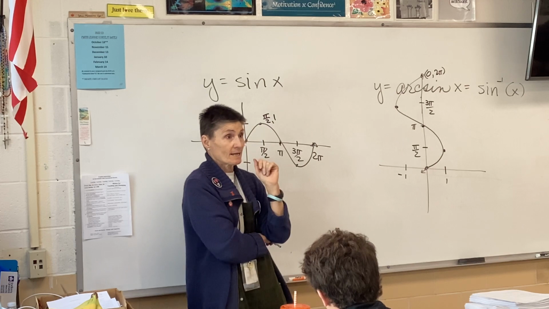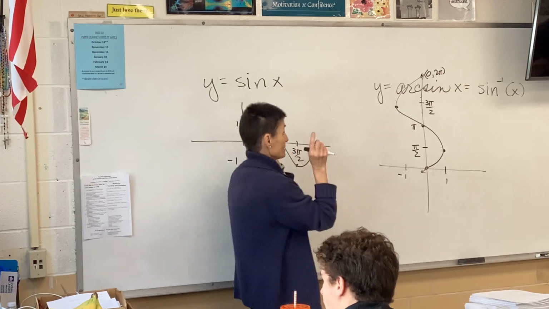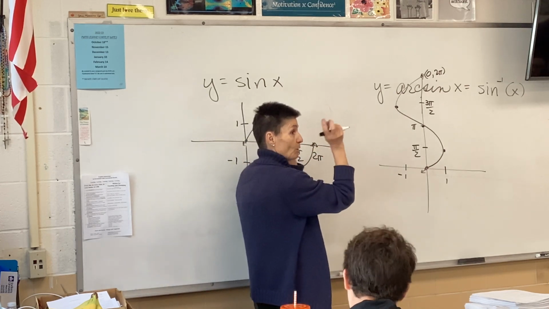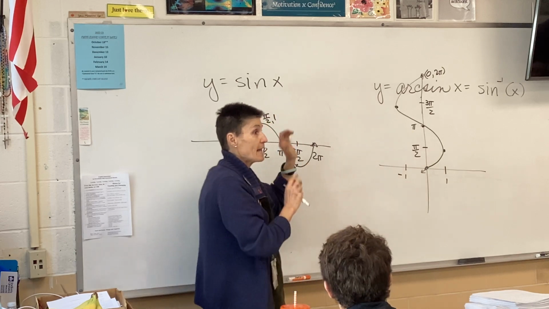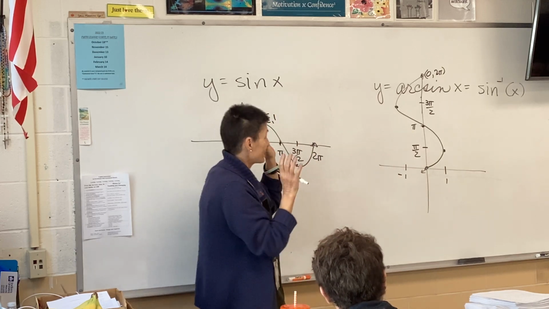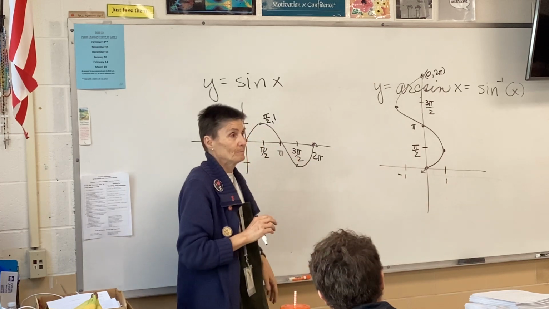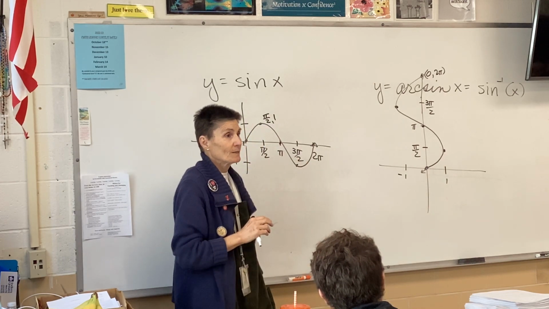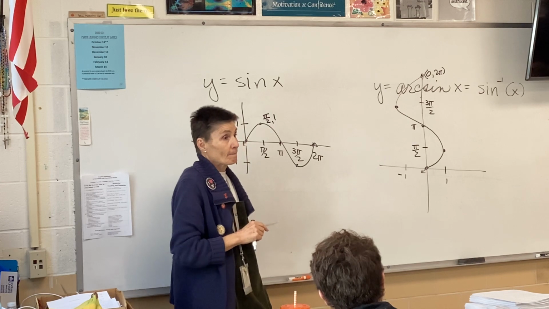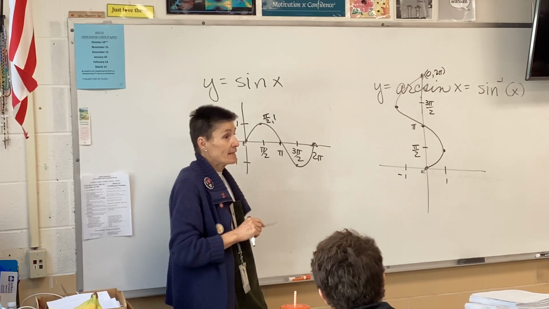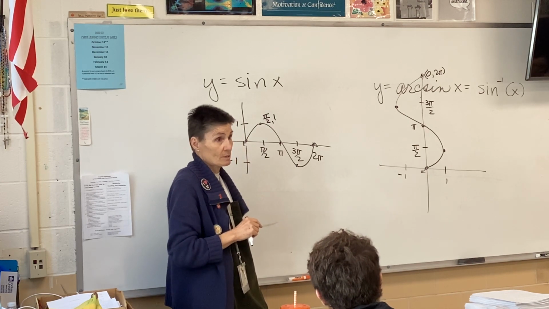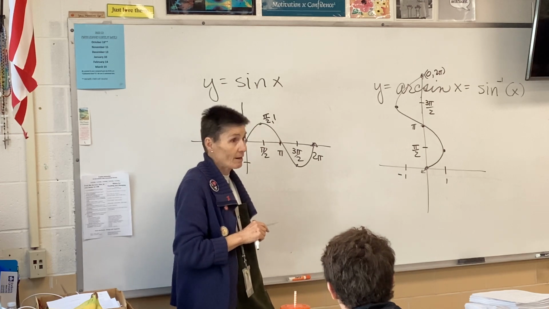Makes perfectly good sense. However, there is a huge issue with that picture. It's right, but can anybody tell me what I don't like about that picture? George? It's not a function. That is trouble in River City, folks. We do not like things that are not functions.